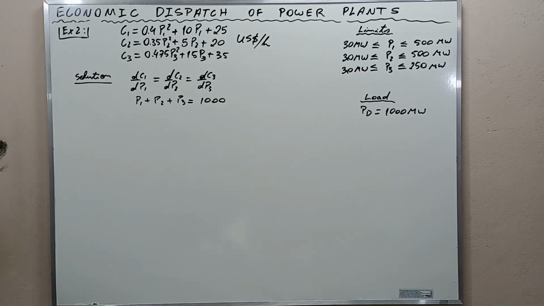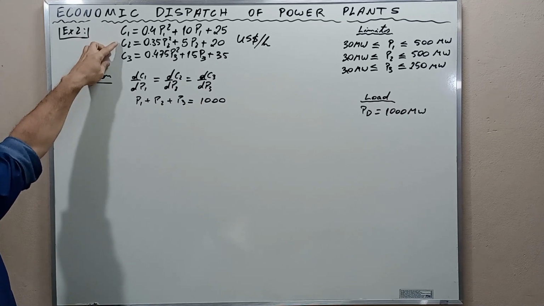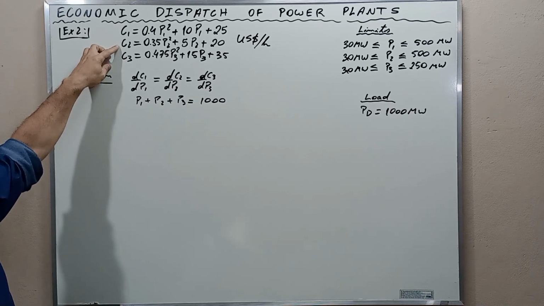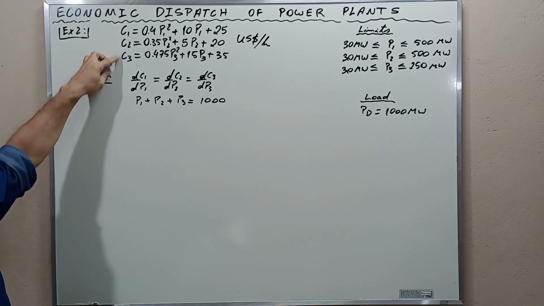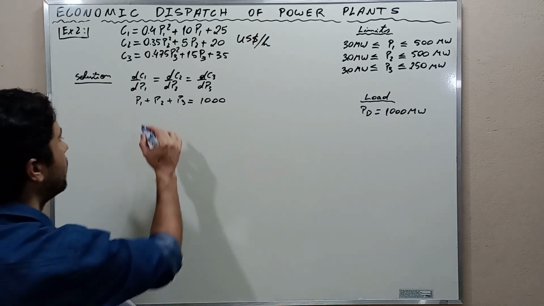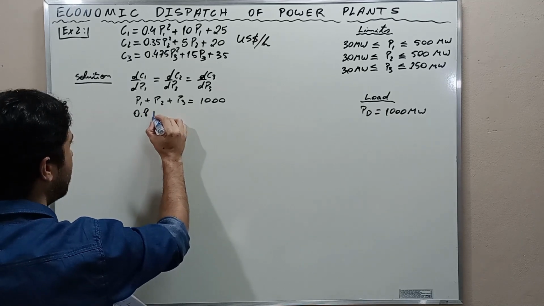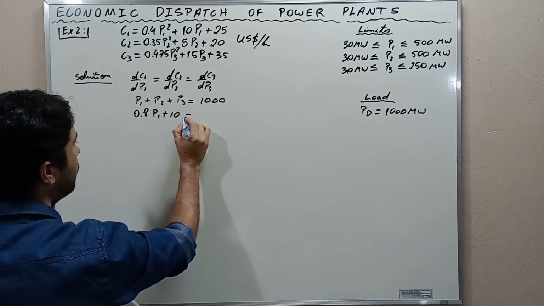What we need is to differentiate. We are going to differentiate C1 with respect to P1, C2 with respect to P2, and C3 with respect to P3. And we are going to find the following equations. 0.8 P1 plus 10, okay?